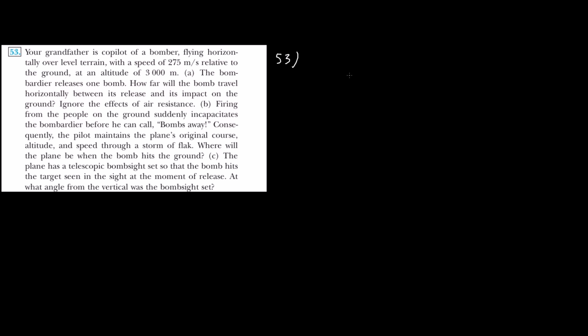Your grandfather is a co-pilot of a bomber flying horizontally over level terrain with a speed of 275 meters per second relative to the ground at an altitude of 3,000 meters. So let's draw that. You have a plane, and I'm going to call the initial height y naught, at 3,000 meters.